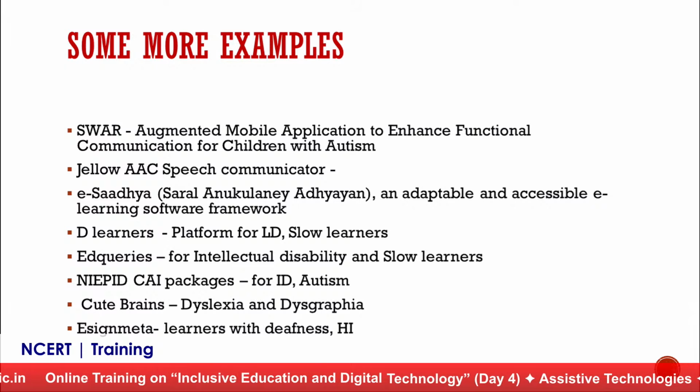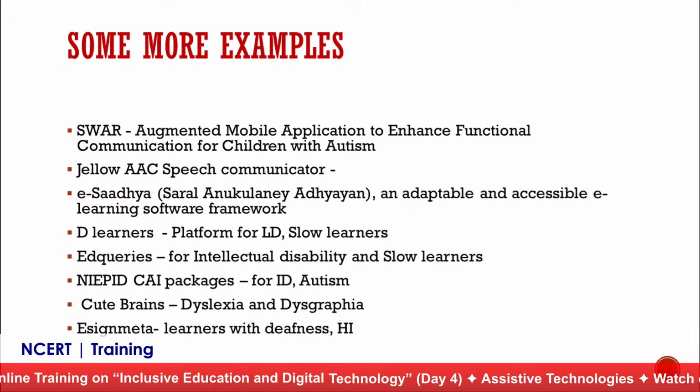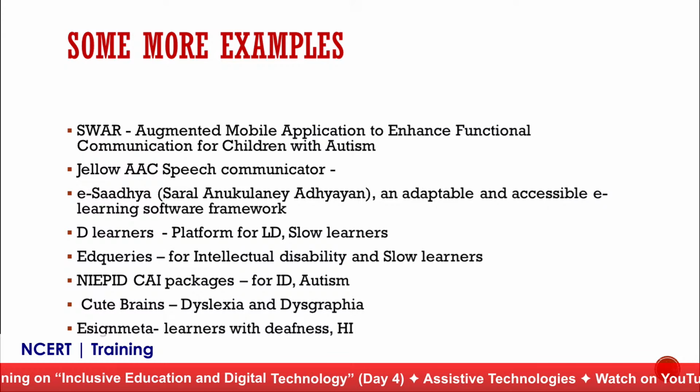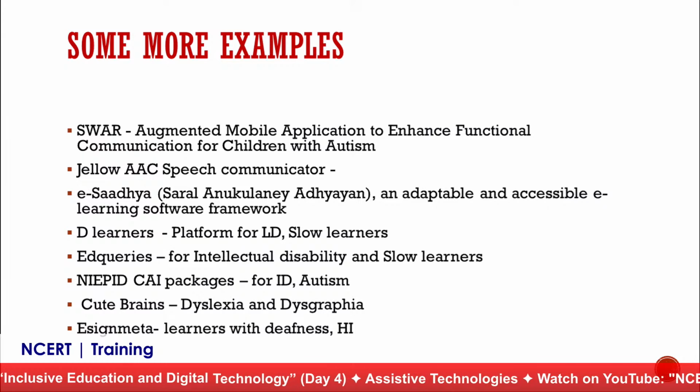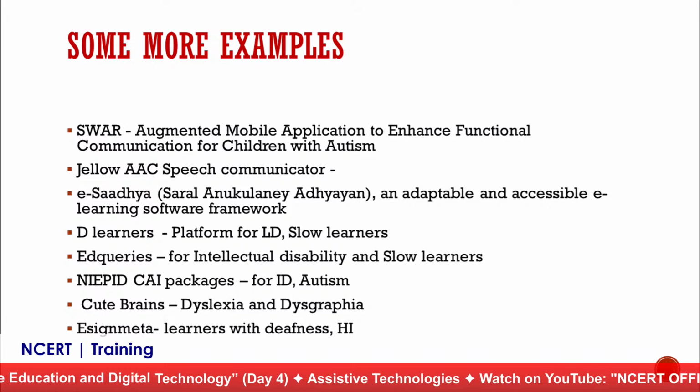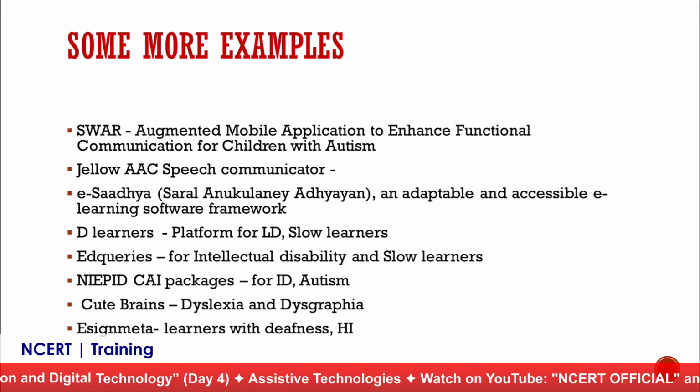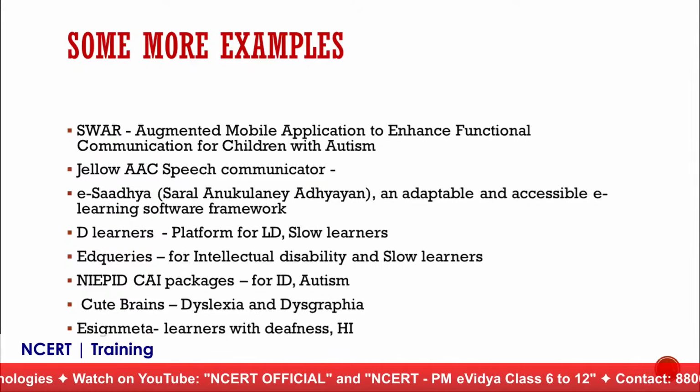Then Cute Brains is for children with dyslexia and dysgraphia. This is the brainchild of IIT Kanpur. It is a startup which has been incubated in IIT Kanpur. So they are working extensively on dyslexia and dysgraphia. Then eSign Meta is again for learners with deafness and hearing impairment.